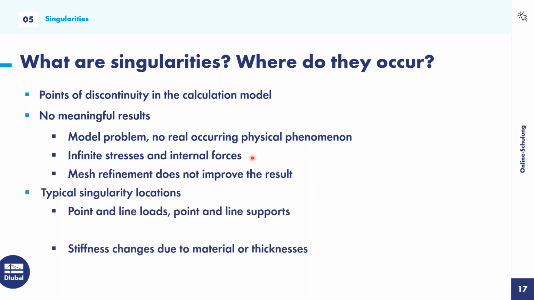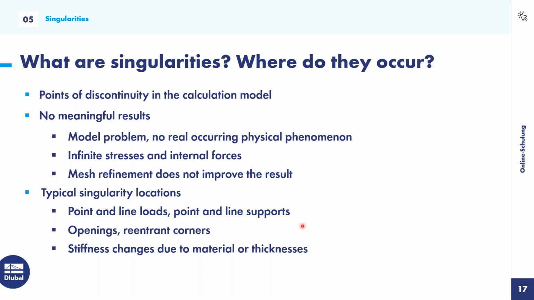So what are typical singularity locations? Point and line loads, point and line supports, also openings, rectangular openings for example, reentrant corners, so when I have sharp corners, and also stiffness changes due to material or thickness, so when there are jumps.